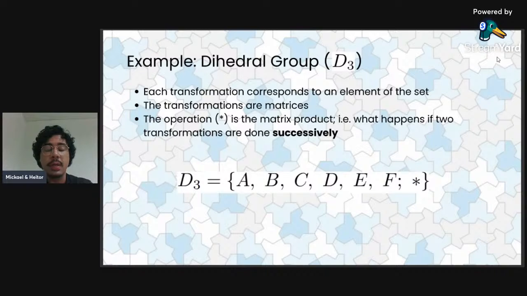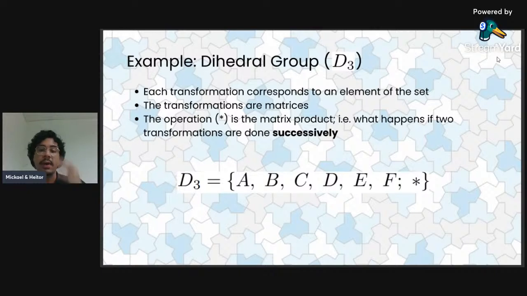So in this group that I call the dihedral group, represented by D3, each transformation corresponds to an element of the set. The 6 elements are just matrices that will perform the transformations of symmetry in the triangle. So the transformations are matrices, and the operation of the group is just the matrix product.